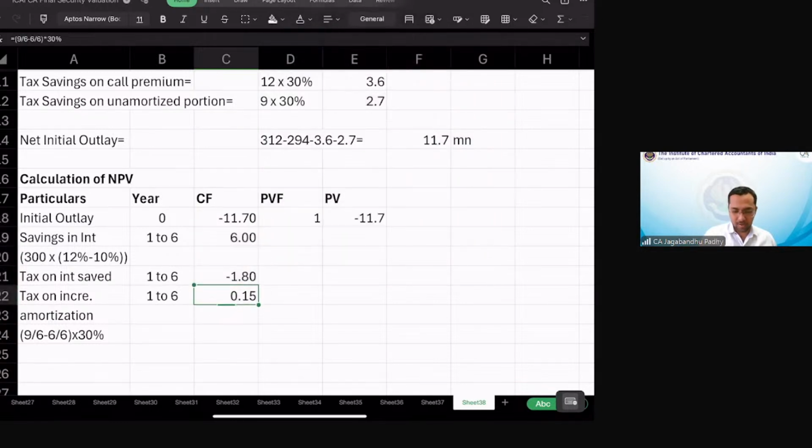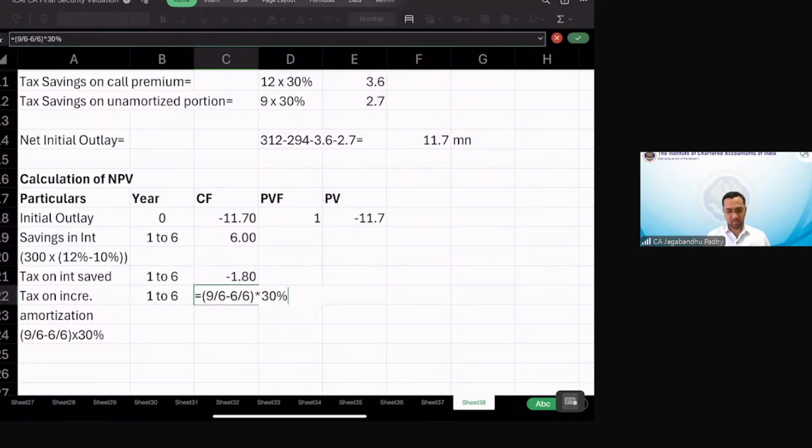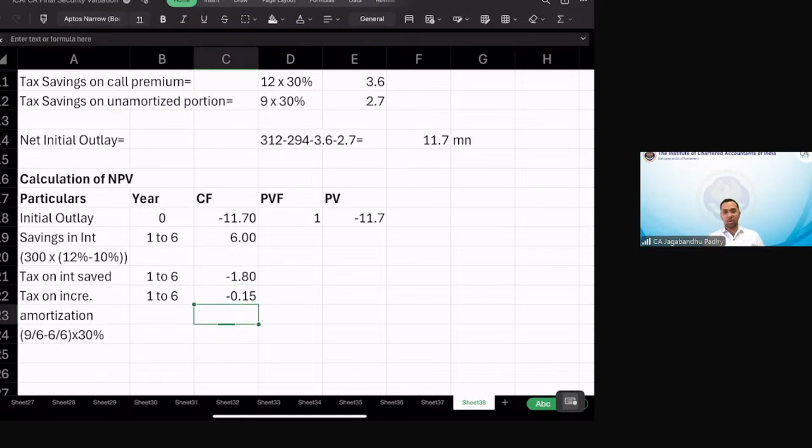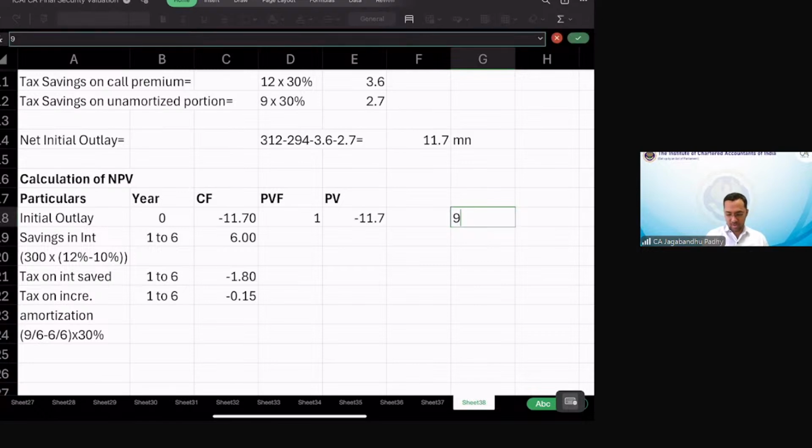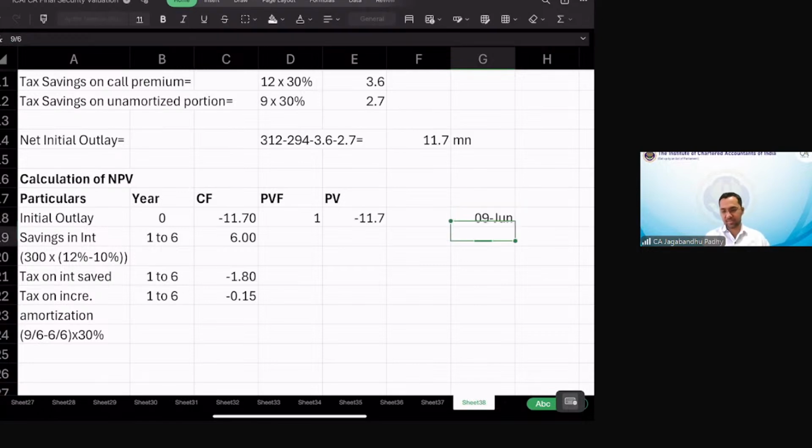So I need to pay this extra tax of 0.15 due to the changed amortization, because earlier the amortization was 9 divided by 6, which is 1.5. And now I will be claiming amortization of only 1.